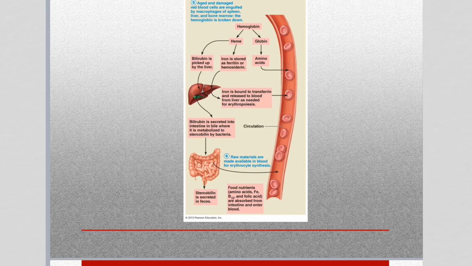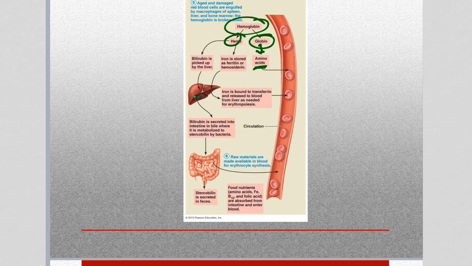They contain a large amount of macrophages that are going to phagocytize the red blood cells and break them down. When they break them down, they're going to separate the hemoglobin molecule into a heme group and a globin molecule, and then the globin is going to be broken down into individual amino acids, and that's going to enter the bloodstream, and then your body will use those amino acids to make other proteins.